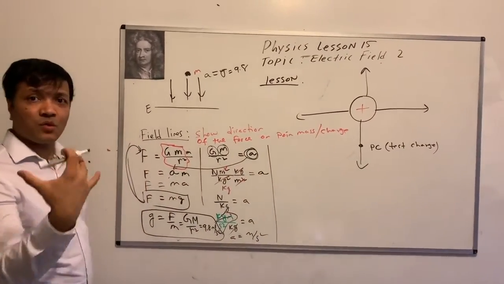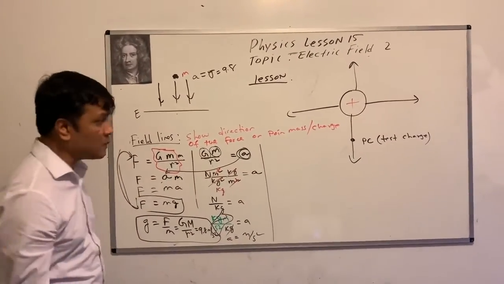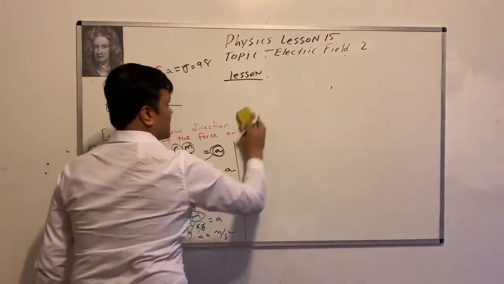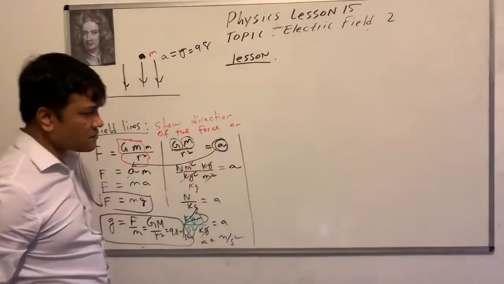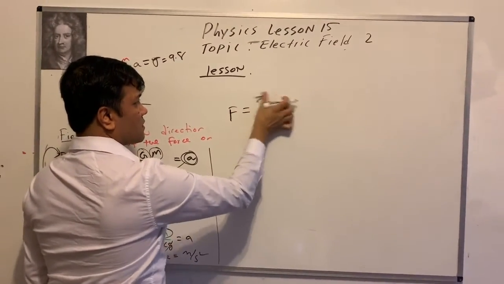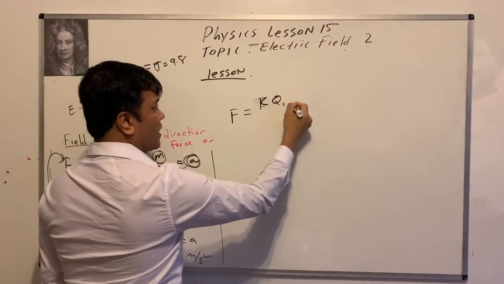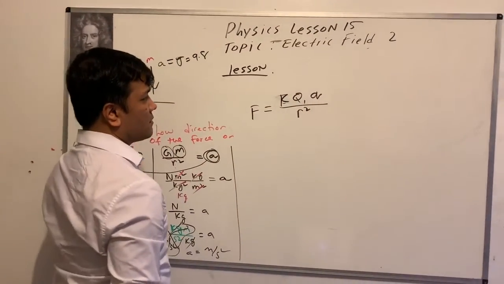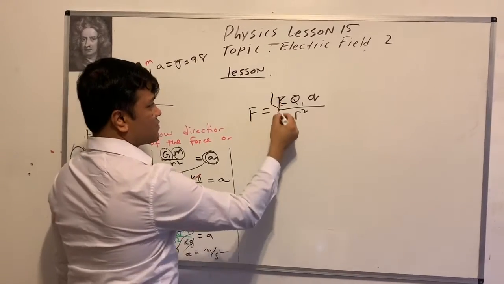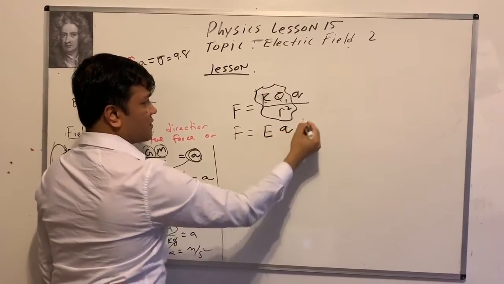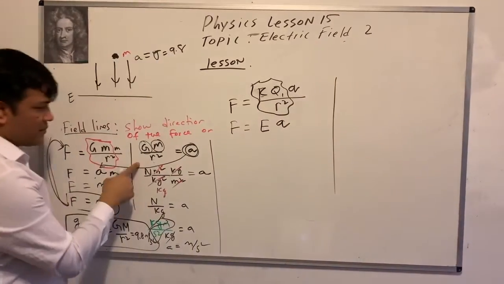Now this time we're going to prove Coulomb's law. So F is equal to K Q1 Q2 over R squared. Now we know one thing, that this is E, so F equals EQ.